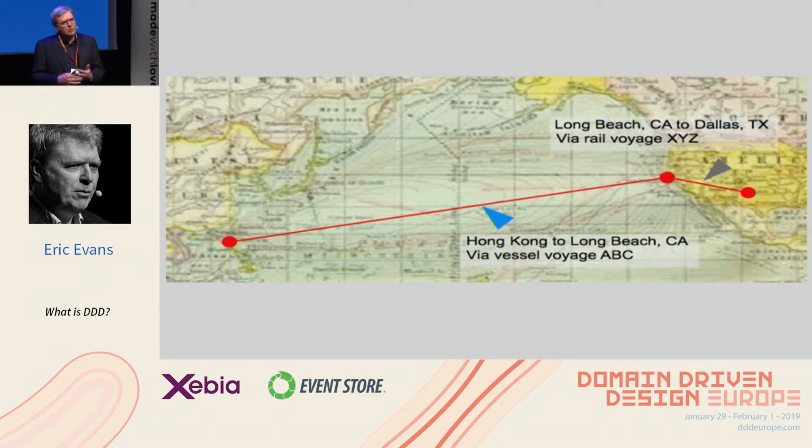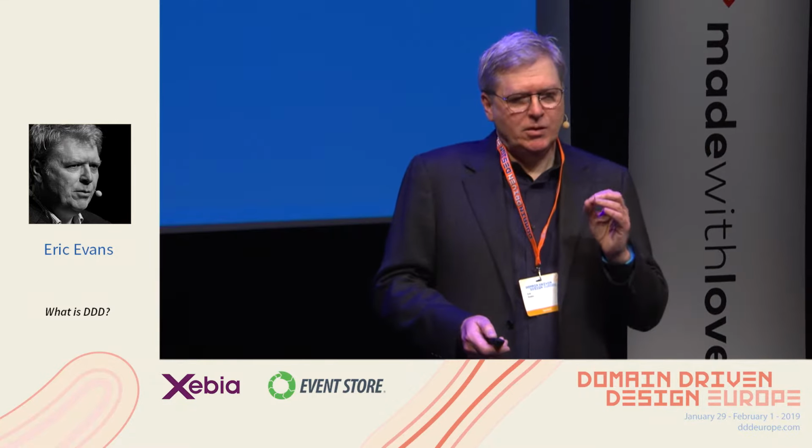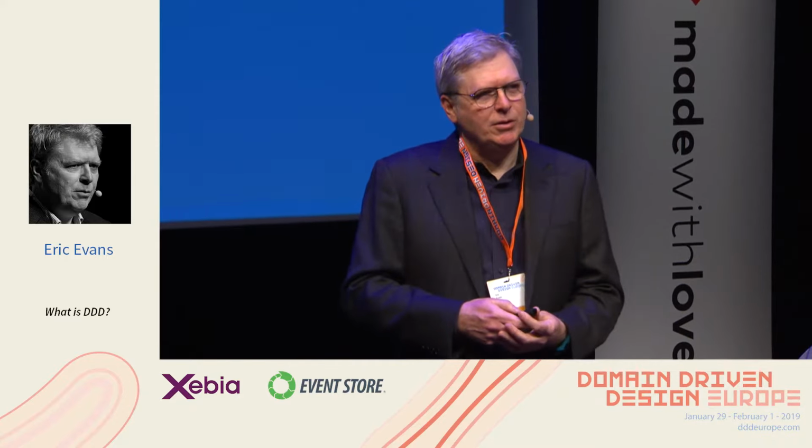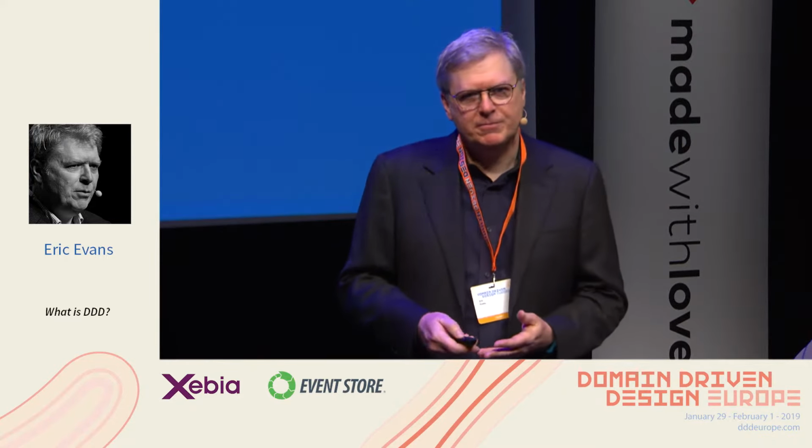And then it would be transferred onto a train, XYZ, and that would get it to Dallas, Texas, on a certain date and time. The customer says, all right, that sounds good, book it. Then they take a few more steps, and it's stored in the computer. This is our first use case.